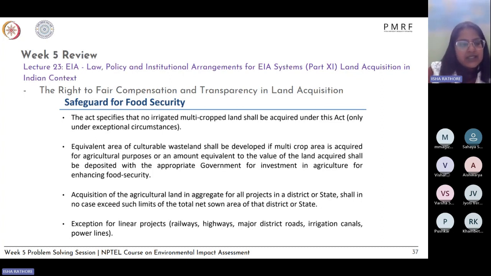And if they are acquiring agriculture-based land, they need to give an equivalent area of cultivable land, or land of equivalent value to the land acquired, as a sort of compensation. And acquisition of agricultural land in aggregate for all projects in the district or state shall in no case exceed the limit set out for the total net sown area of that district or state.